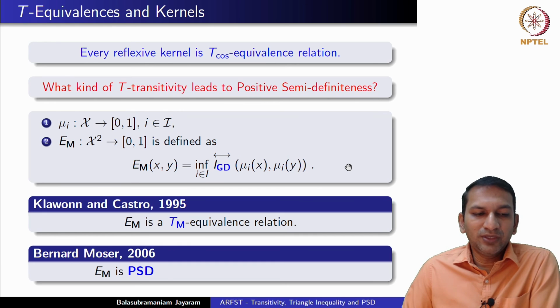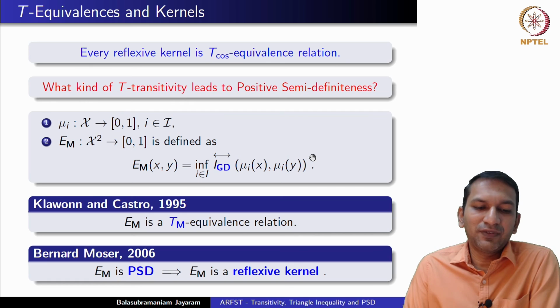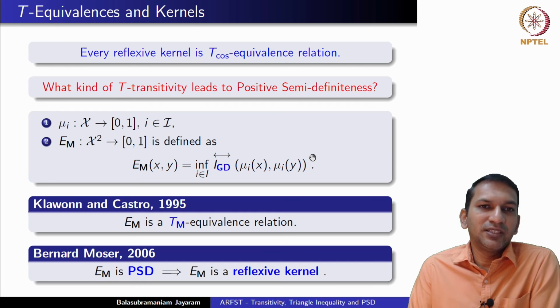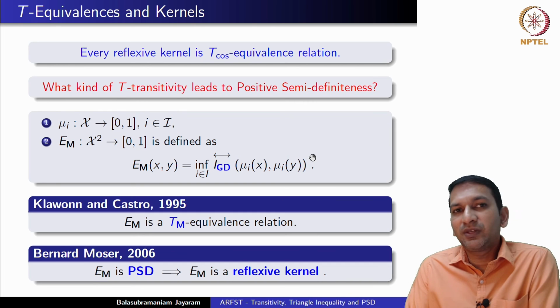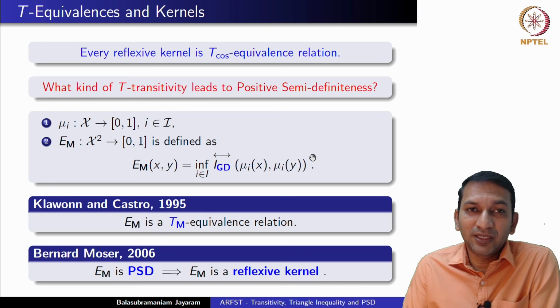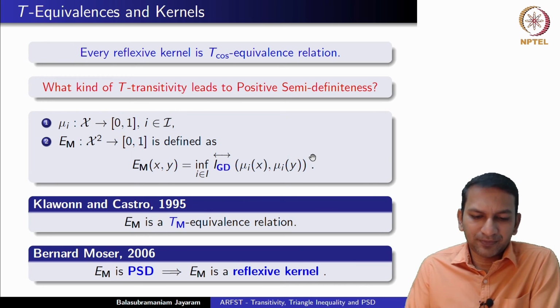Now, note that this is a reflexive and symmetric relation, and it also satisfies PSD, which means EM is in fact a reflexive kernel. So there are TM equivalence relations which are also kernels. So we know that a reflexive kernel leads to T-cos transitivity, but it is not only T-cos transitive equivalence relations which will give rise to kernels.